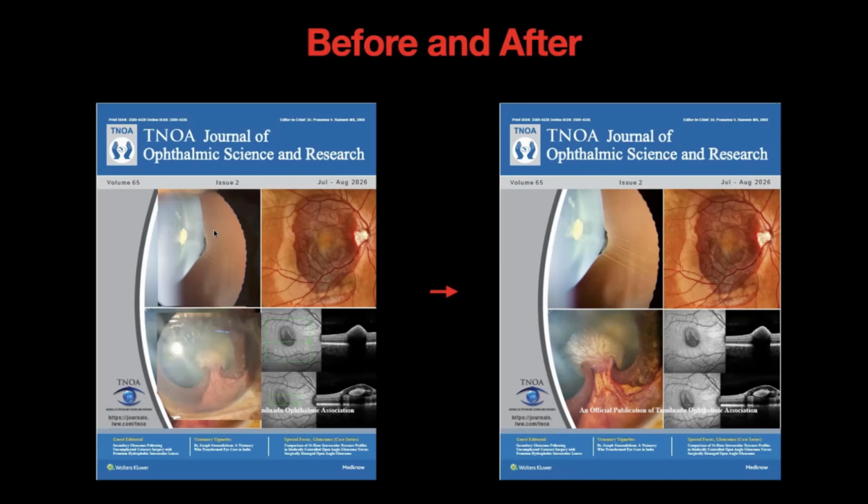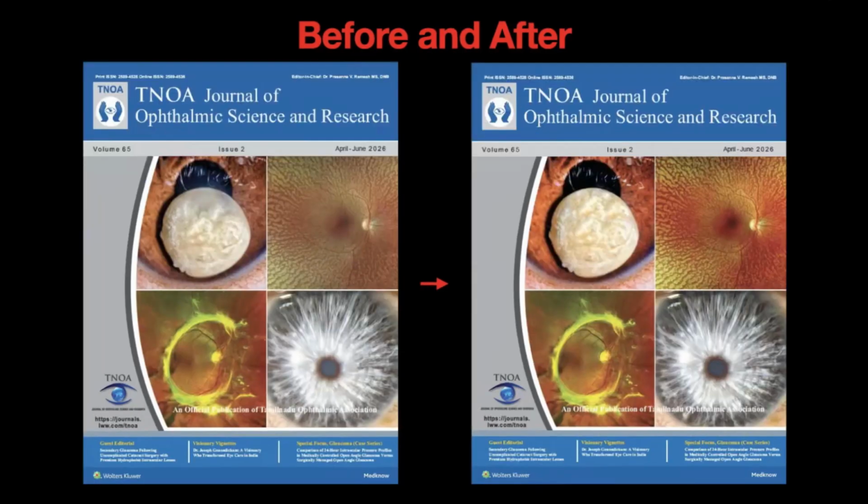In all the other 3 images in the OCT, especially, you can see the green color boxes have been removed. There is no box. These are some prompts you can give to the application to remove it. I didn't want the green box to be on the cover, so we chose to remove it.